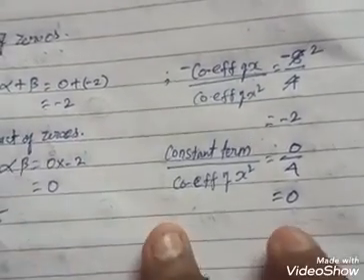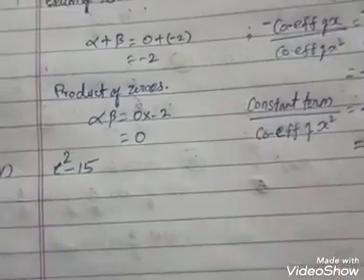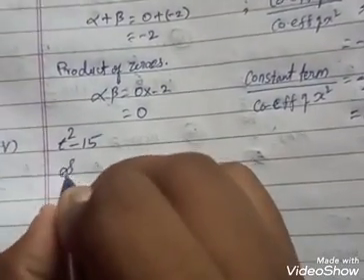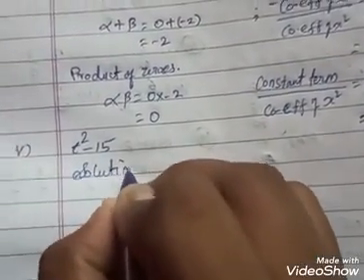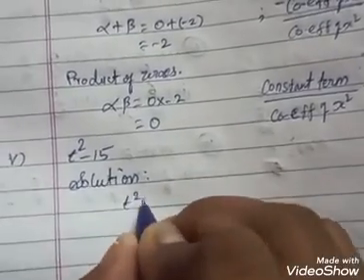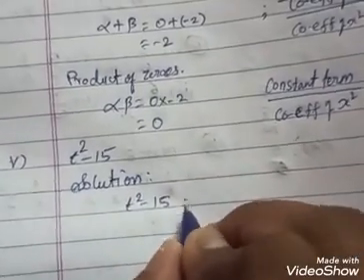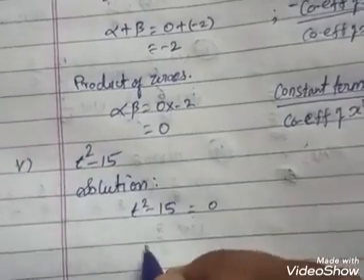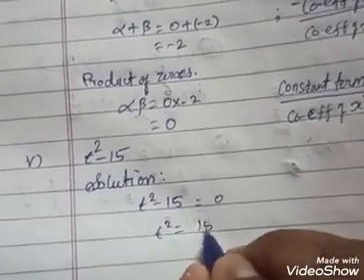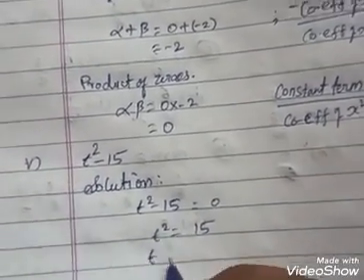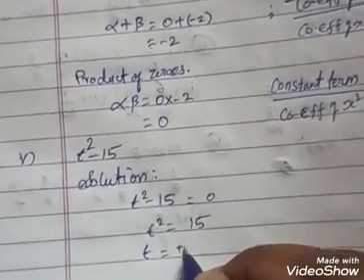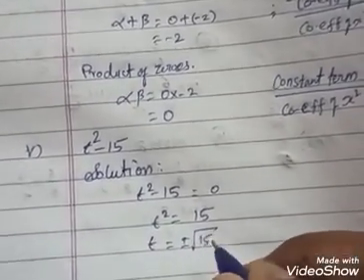And next question, t square minus 15. t square minus 15 equals 0. So t square equals 15, and then t equals plus or minus square root of 15.